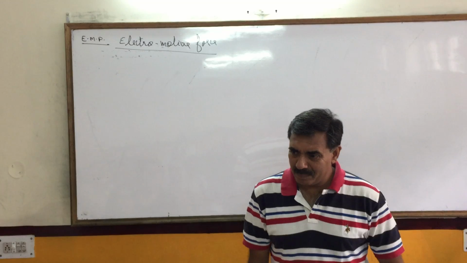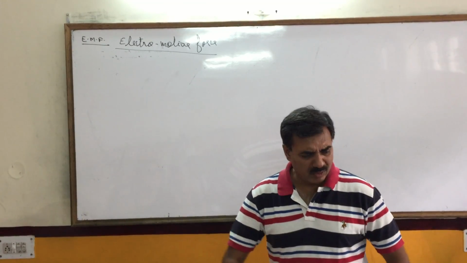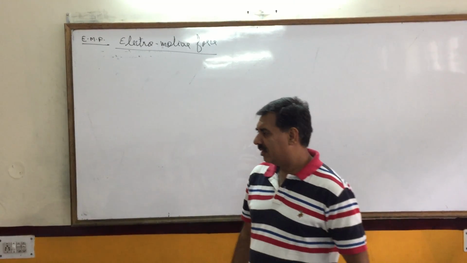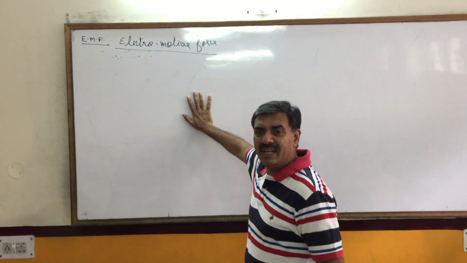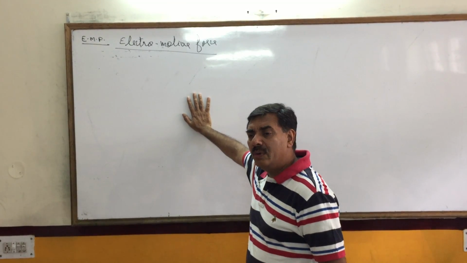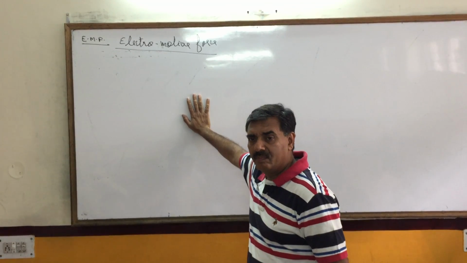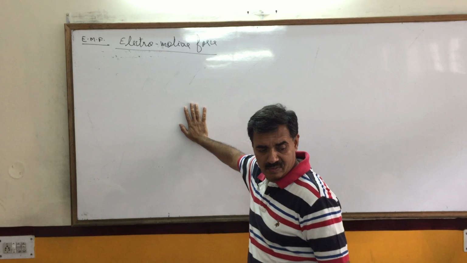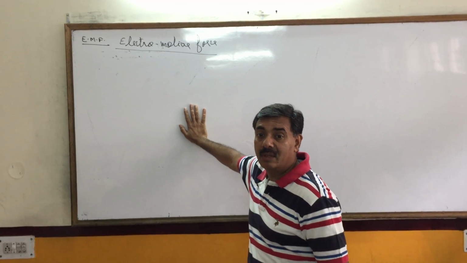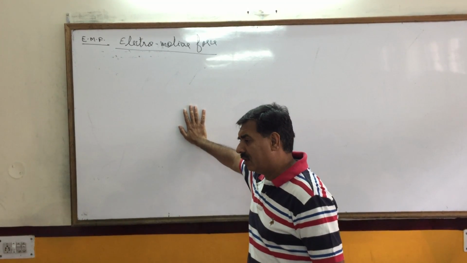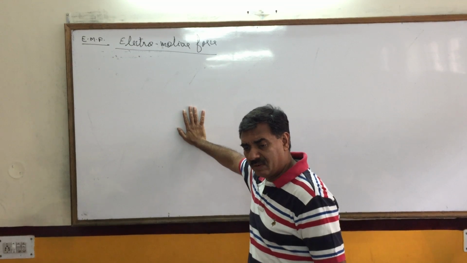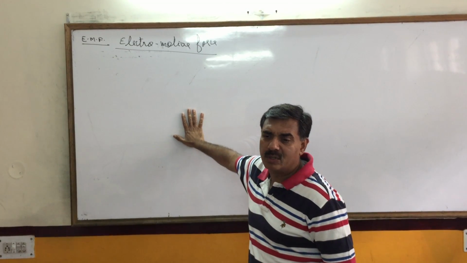Write it down, because you will use it again later. The units are volts, because it is the potential difference between the electrodes of a cell. Then why is it called a force?